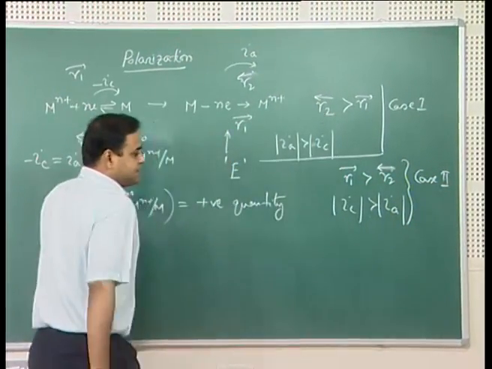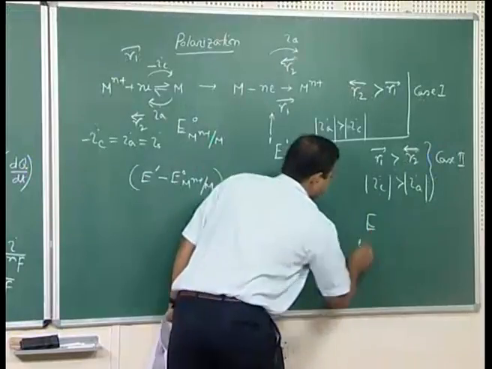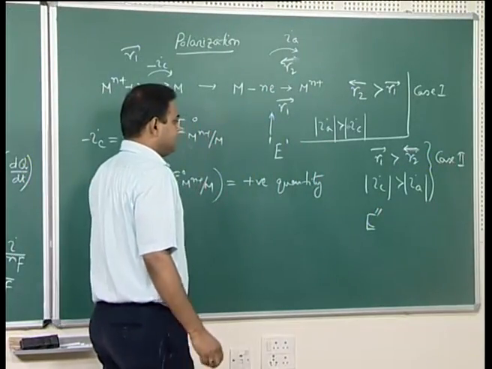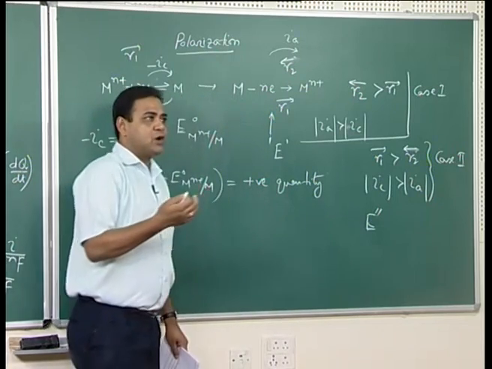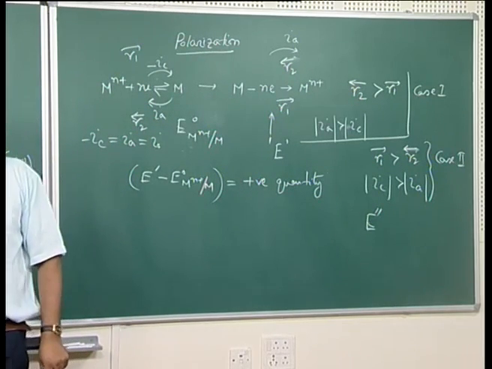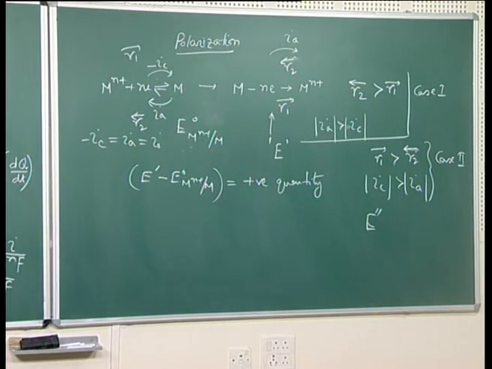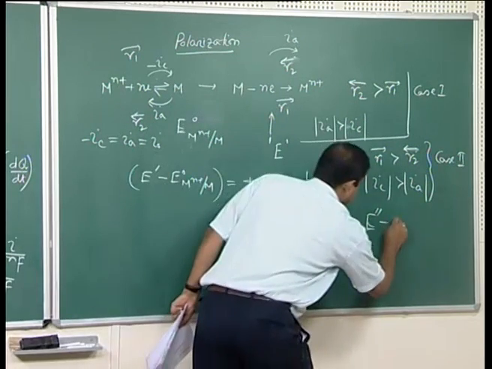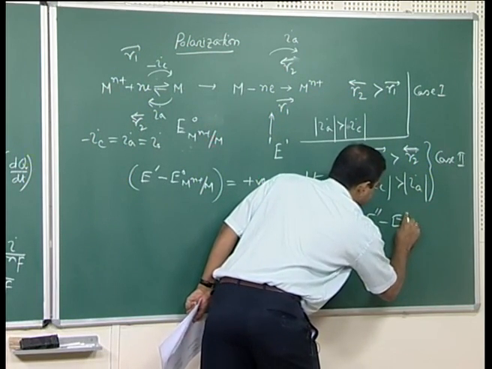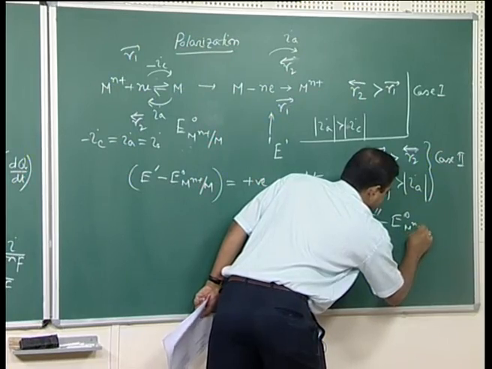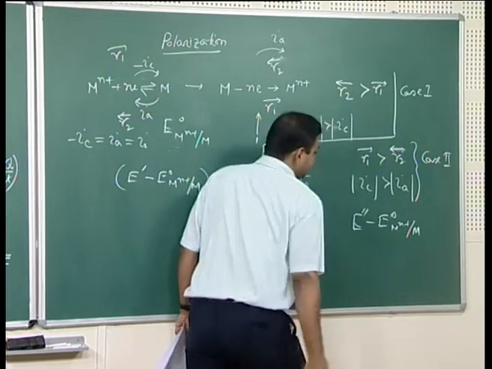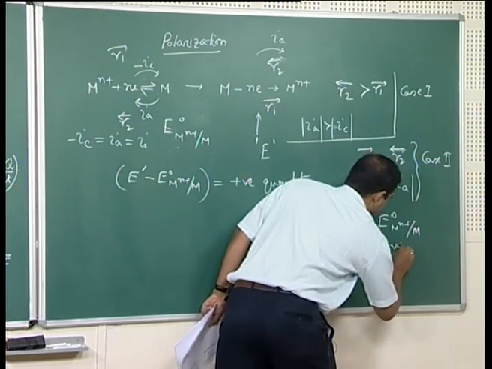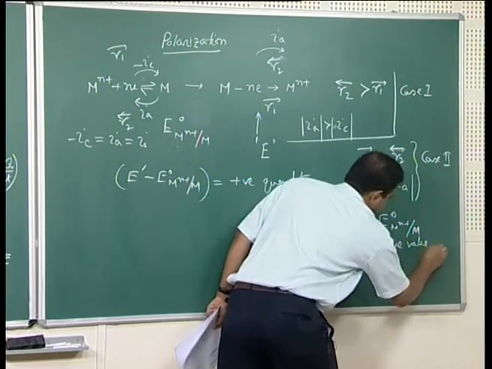You will see that after some time, if you measure the potential E double dash, and find the difference in potential from the equilibrium potential, E double dash minus E naught M n plus M would be a negative value.